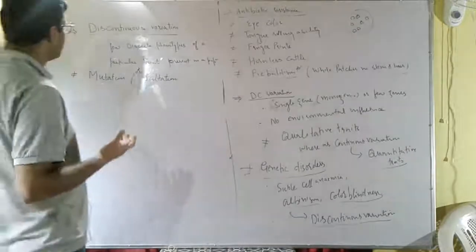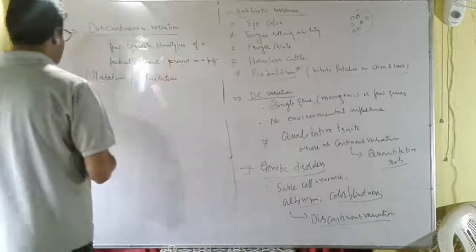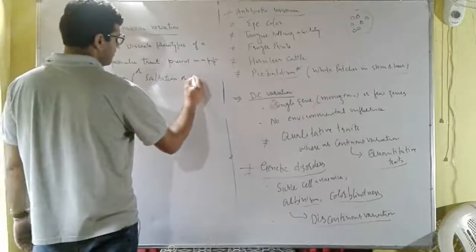It arises suddenly and rarely in a population, so it is also called mutation, or saltation, or sports.